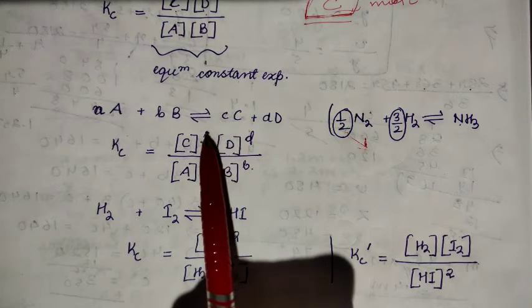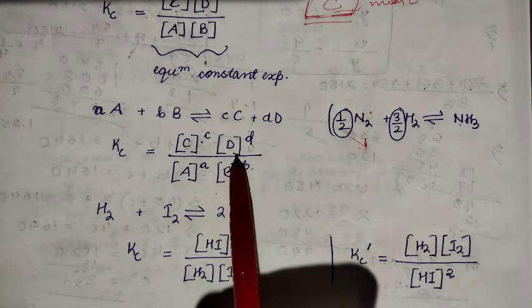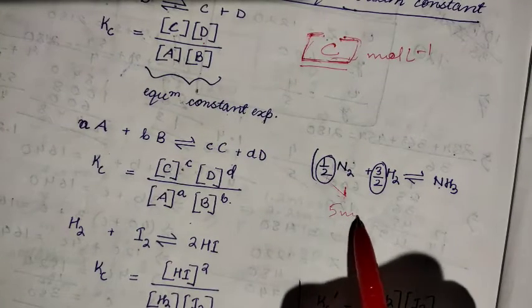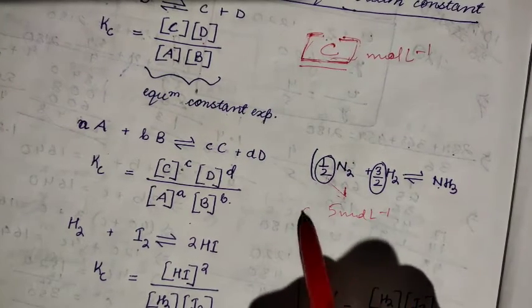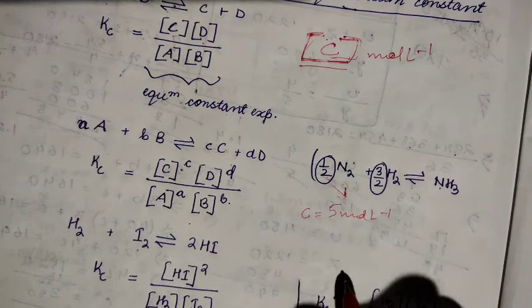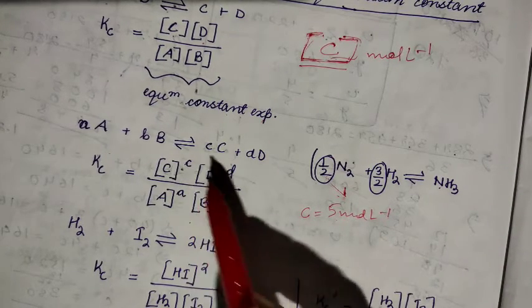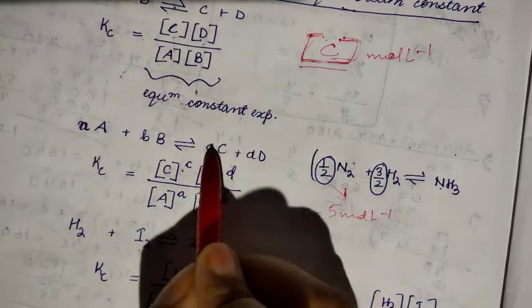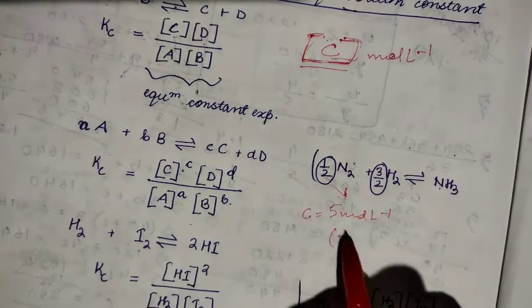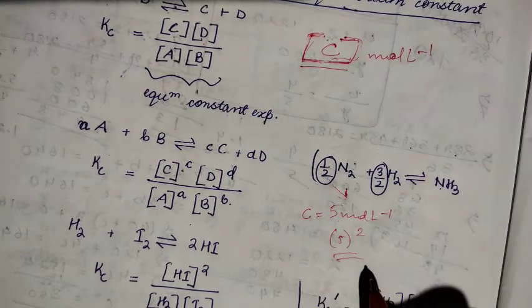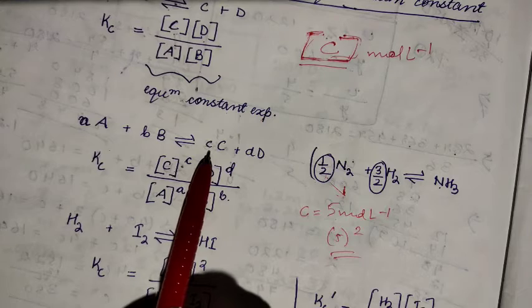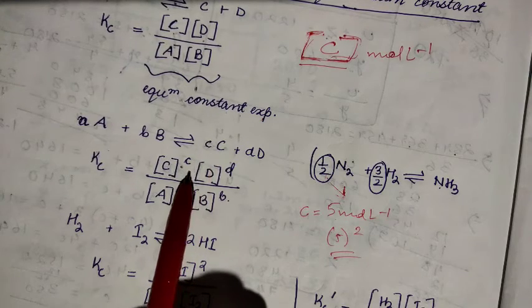Now, this c becomes the power. Suppose the concentration of C is 5 moles per liter, and suppose here the coefficient is 2, then it will become 5 to the power 2. Is it clear? So whatever coefficient is there, that becomes the power.